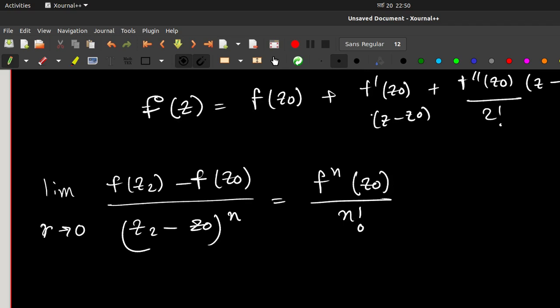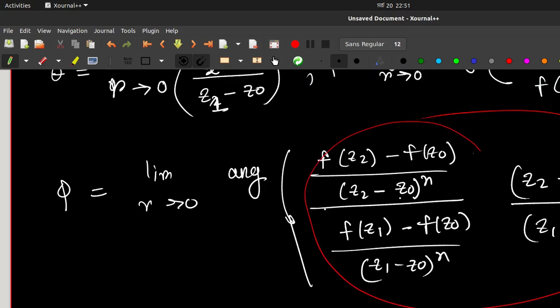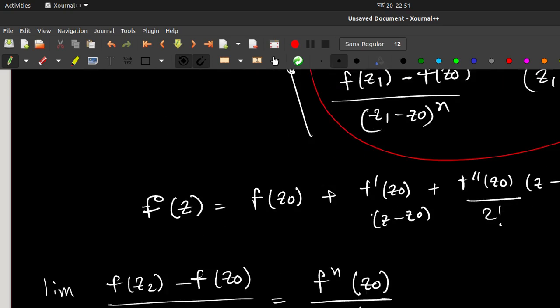So if this is the case, then we can finally write phi as the limit of r goes to 0 of the argument. Obviously this is an argument, so we can write it as the argument of this guy all over the place.